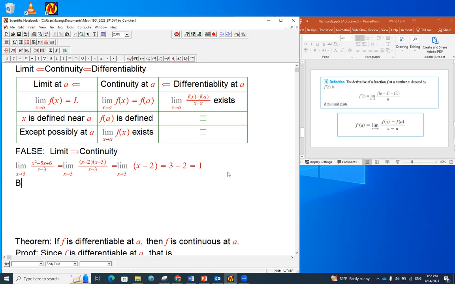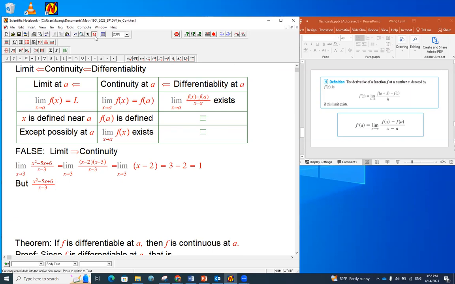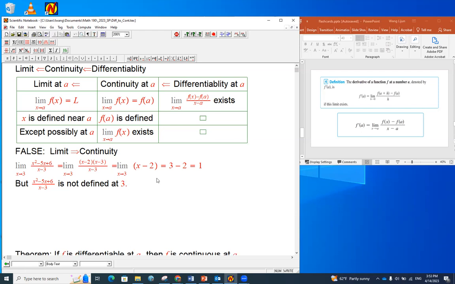But this function is not defined at 3, so certainly it is not continuous at 3, because one of the three requirements fails.